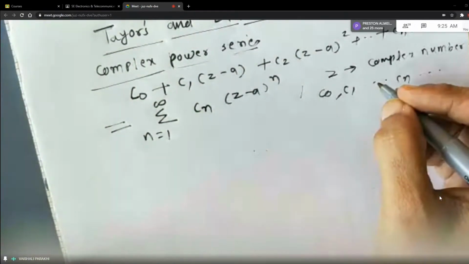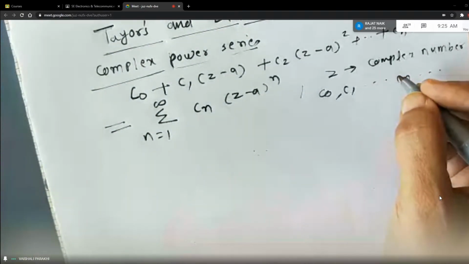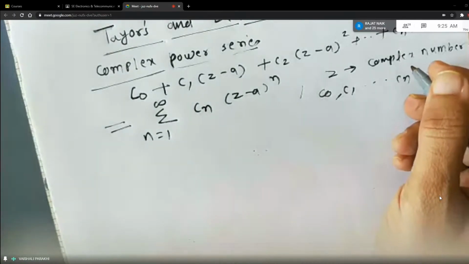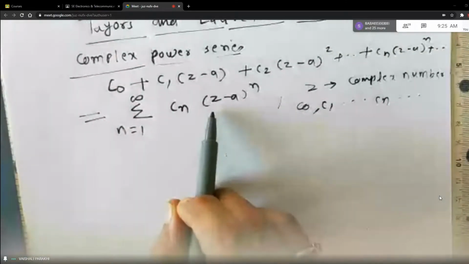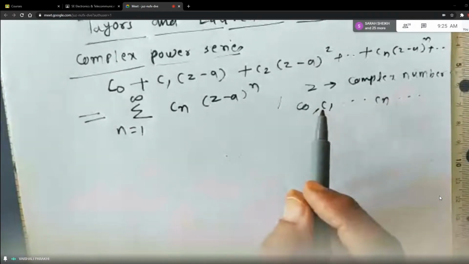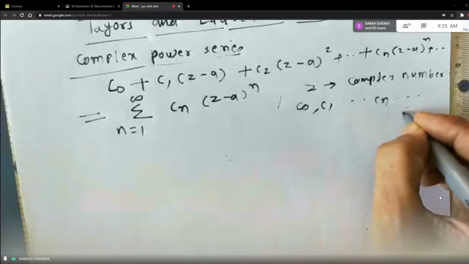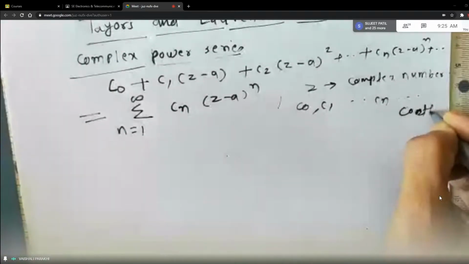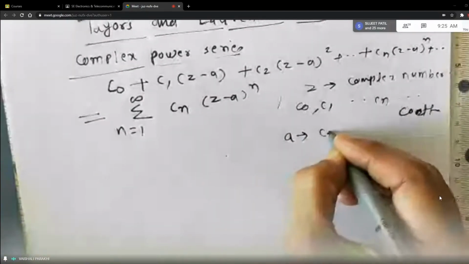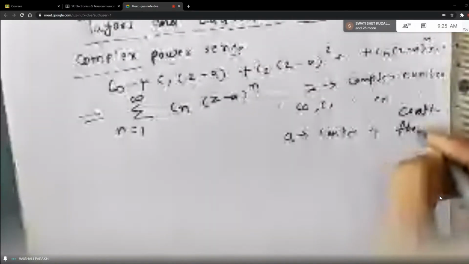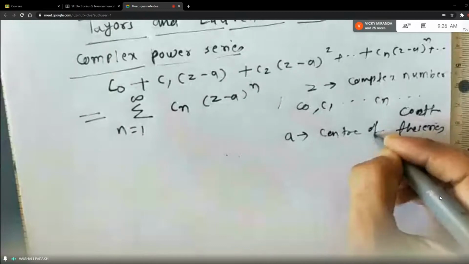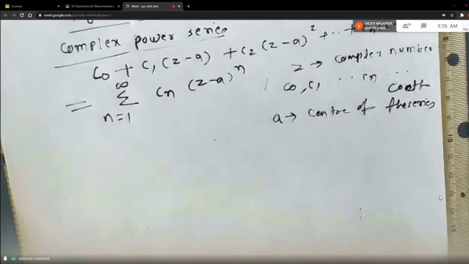These are the constants, in other words, these are the coefficients. Then what is A? Z minus A, A is called as the center of the series. So this is just the explanation about this.